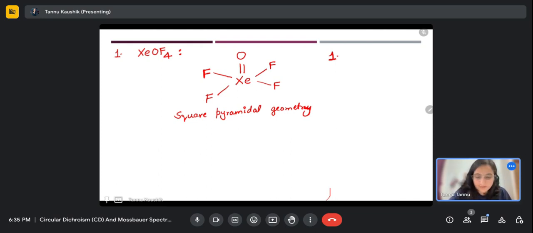We can see that the molecule belongs to square pyramidal geometry. So the molecule is not linear.